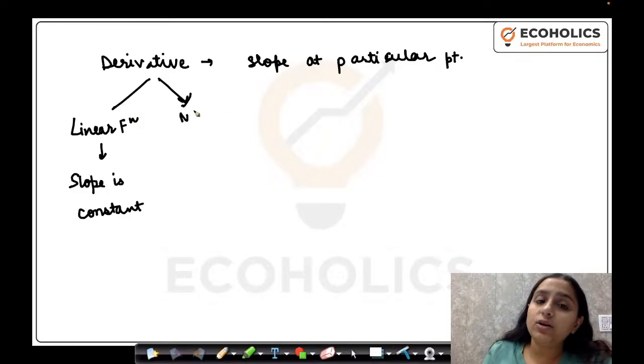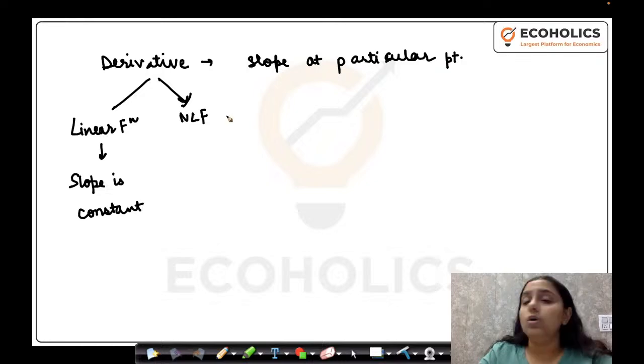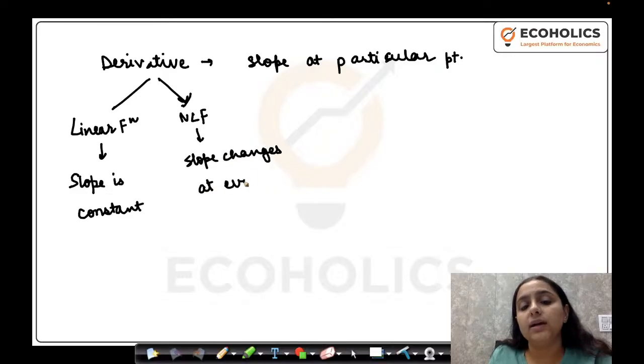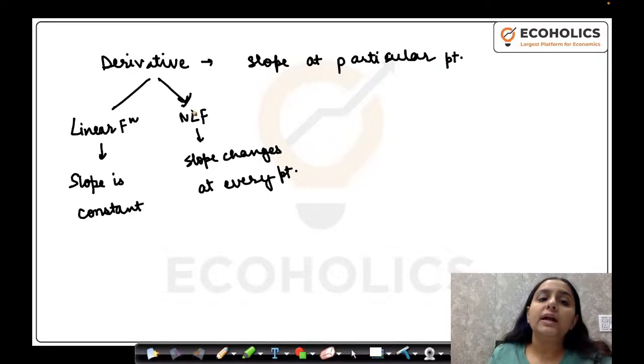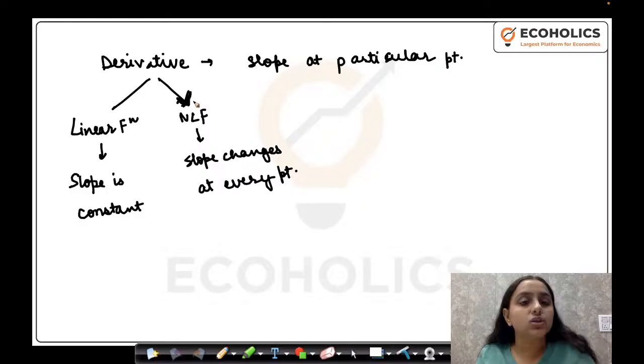But when I talk about a non-linear function, slope changes at every single point. So that is why we will now be learning how we find the slope.